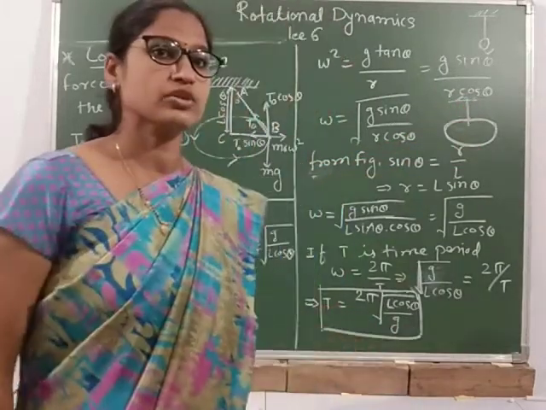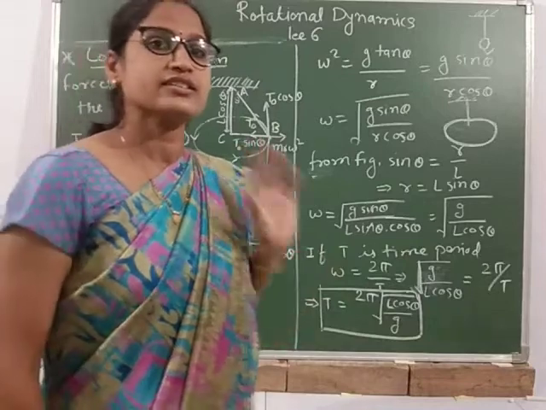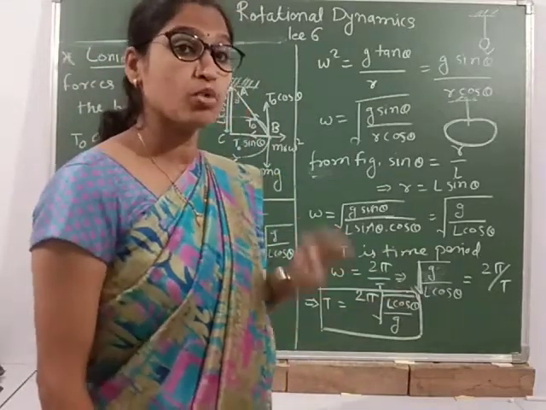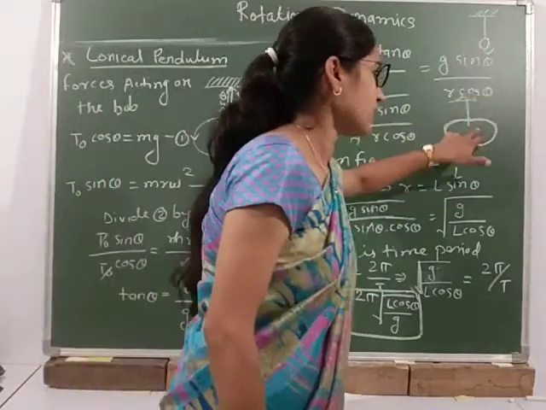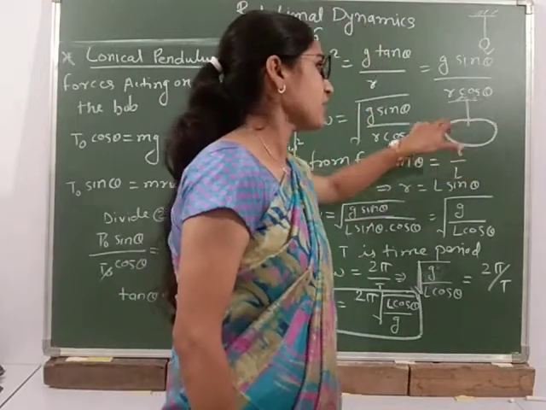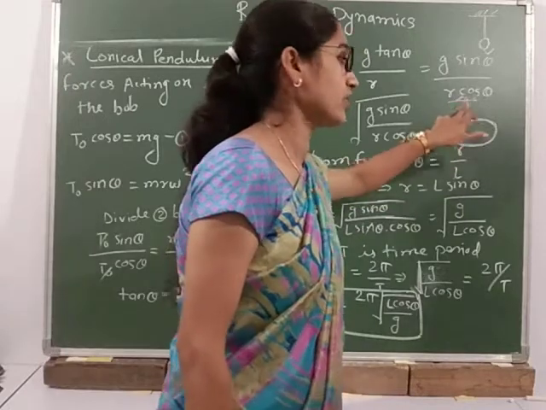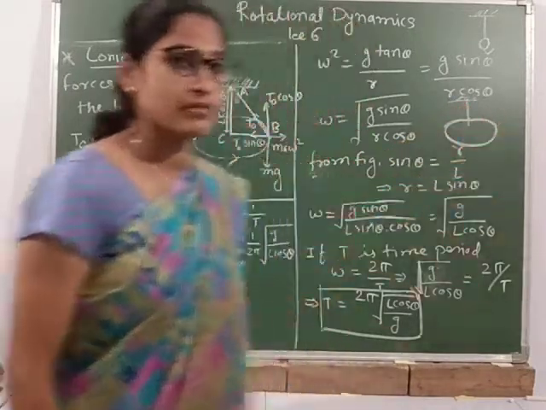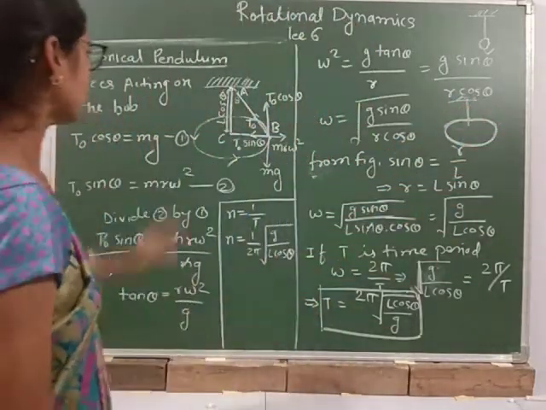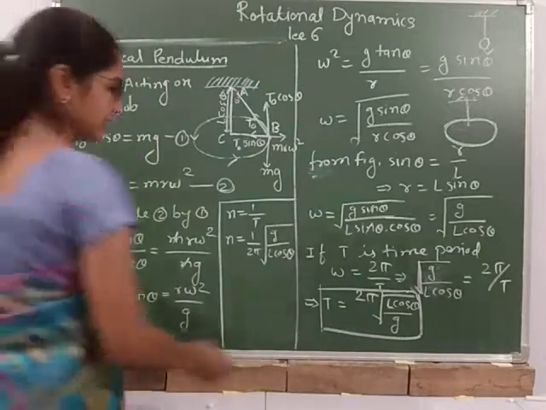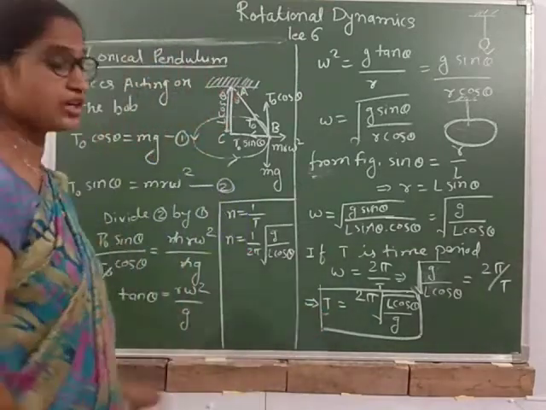Again, what is a conical pendulum? A conical pendulum is a simple pendulum in which a bob will describe a horizontal circular motion, and the string will describe a cone. Now about its expression, we have to find out the time period.